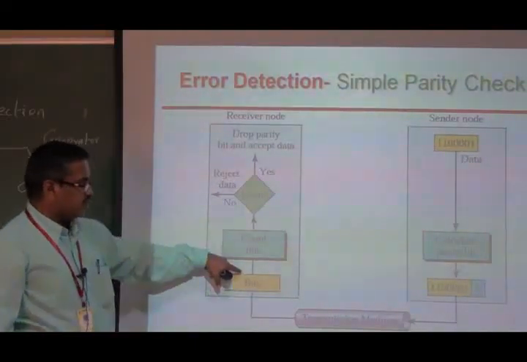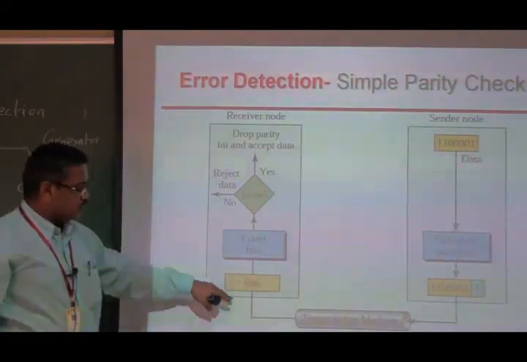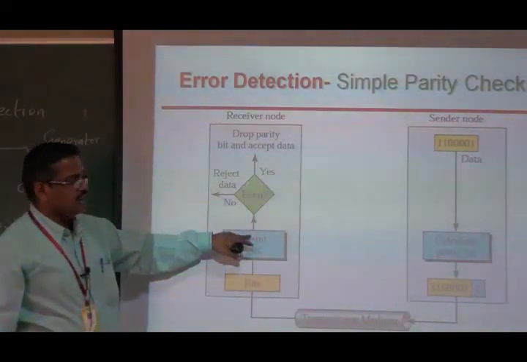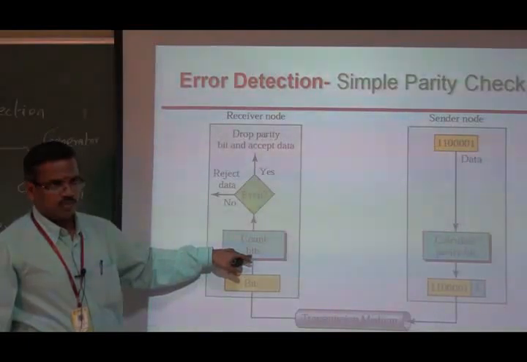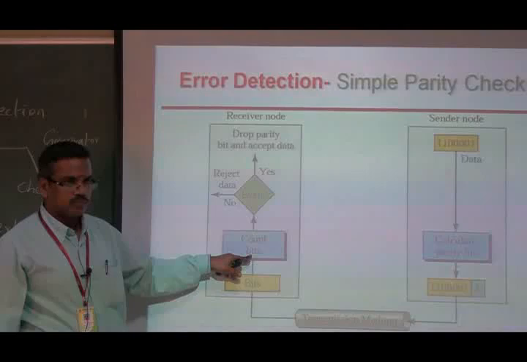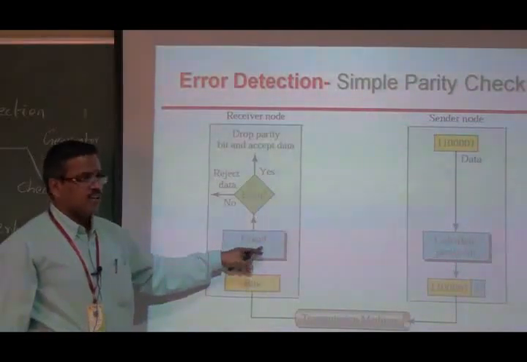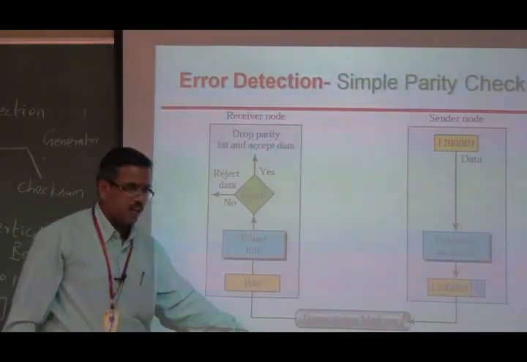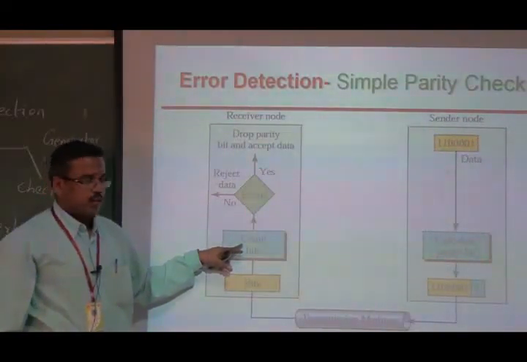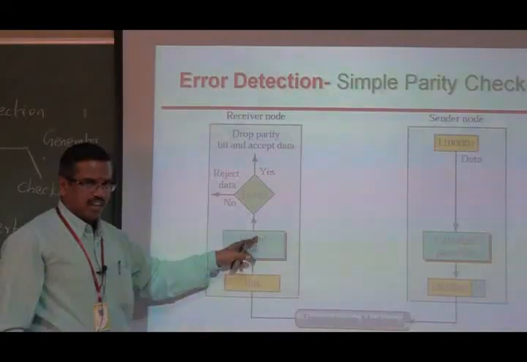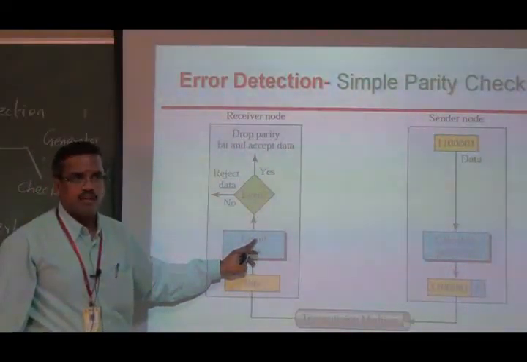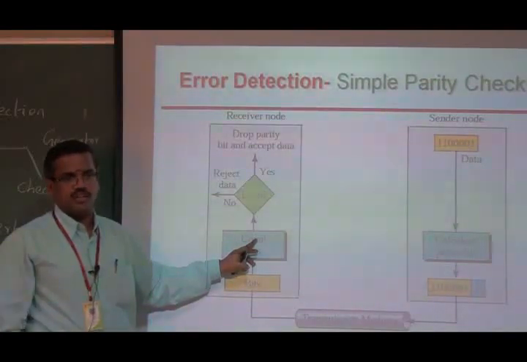While receiving, the receiver converts the signal to bits and counts the number of ones in the received data unit. If there is an even number of ones, even parity is okay, and the data is accepted. If there is an odd number of ones, it can easily be identified that some error is detected.